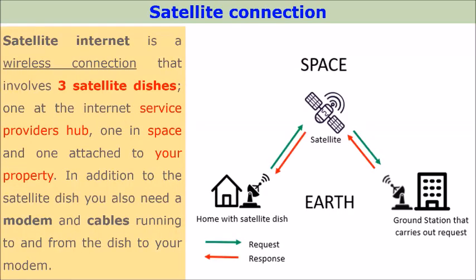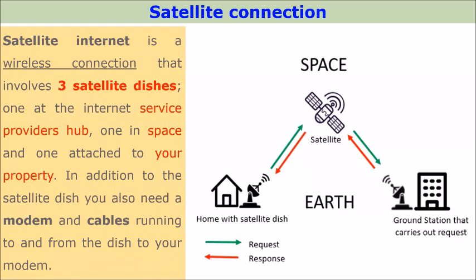Here they are using a satellite that we can find far from the Earth, a space satellite. They are using 3 satellite dishes, one for your home, one at the internet service provider, and the other one in space. Right. Through these 3 satellites, you can get an internet connection.